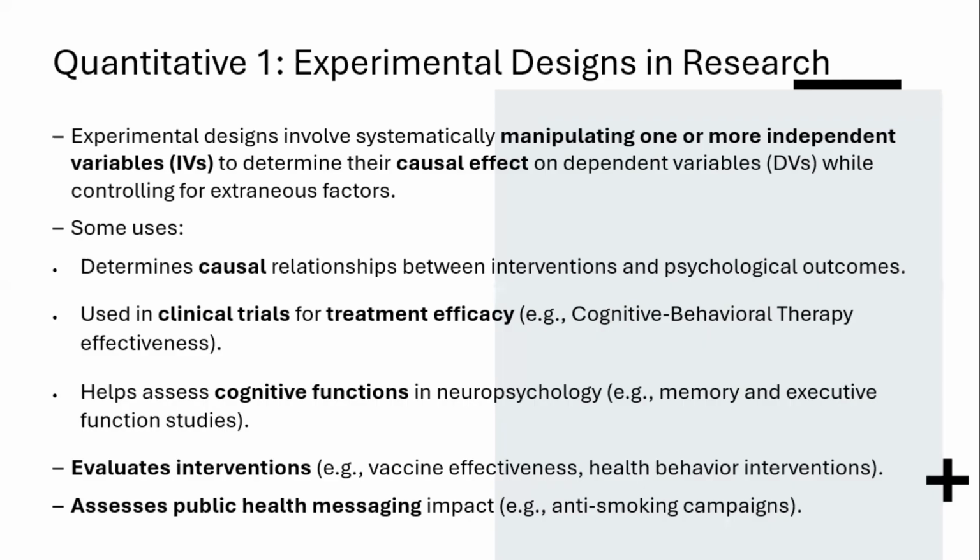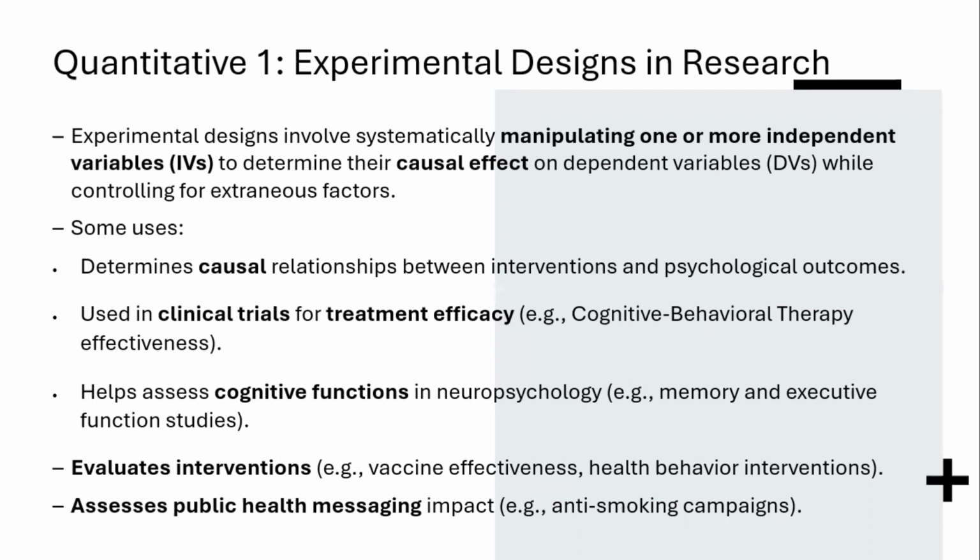Okay, so experiments can be used to determine whether there's a causal relationship between, let's say, an intervention and a psychological outcome. For example, if a psychologist is working with some group of people on a problem where the psychologist can use different interventions, there could be an experiment to determine which intervention works the best.